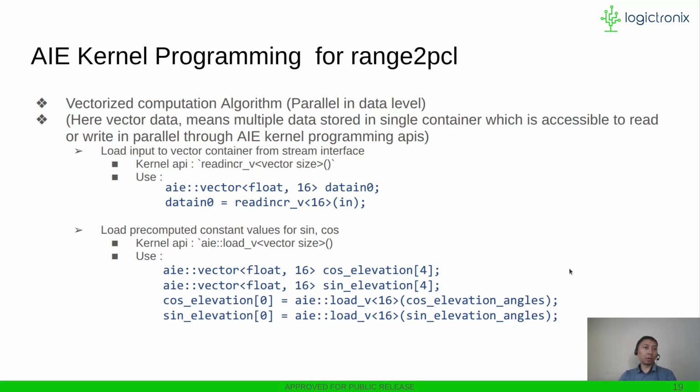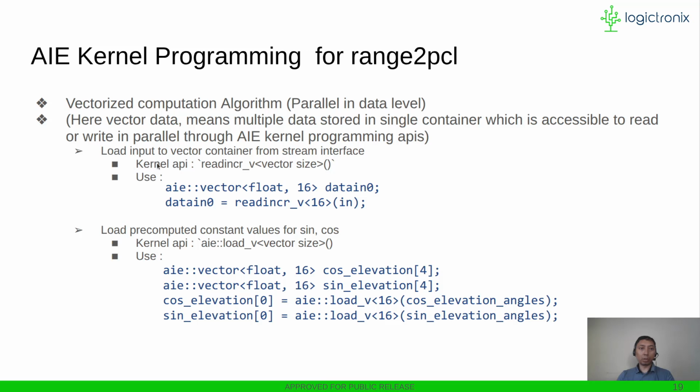So let us go for the first kernel programming step in the range to PCL kernels. Each range to PCL AI kernel is doing vectorized 16-way float data computation. The first step in this computation is the load step, loading the input and constants.